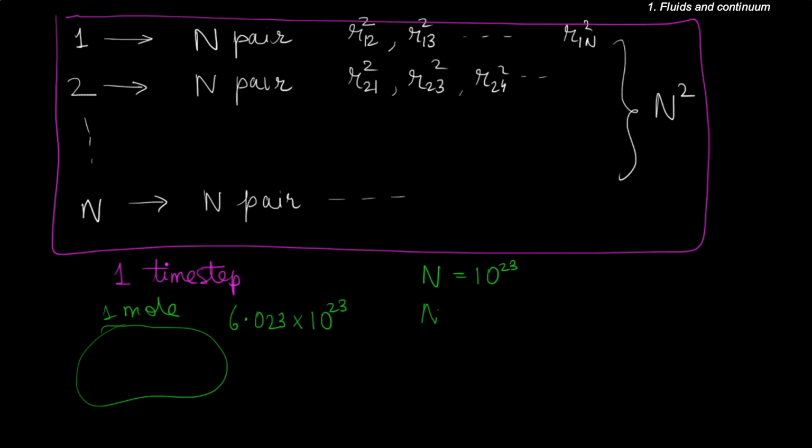Now n square calculations will mean 10 to the power 46 number of calculations, and I'm not even counting the other calculations where you have to perform additions, subtractions, and time stepping. This is just for one time step.